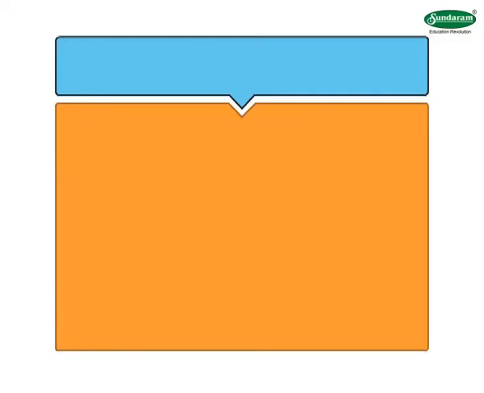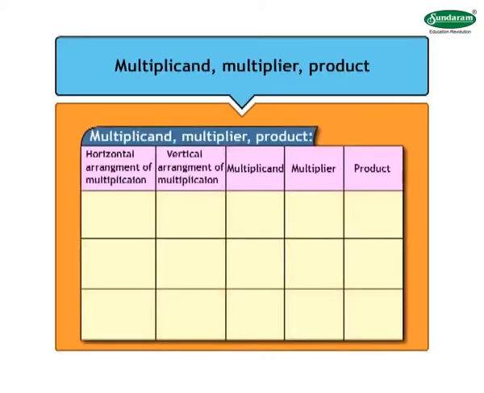Let us now learn what we mean by multiplicand, multiplier, and the product. Here you can see the example in horizontal arrangement of multiplication and also in vertical arrangement of multiplication. In 5 multiplied by 3 is equal to 15, we multiply 5 by 3.